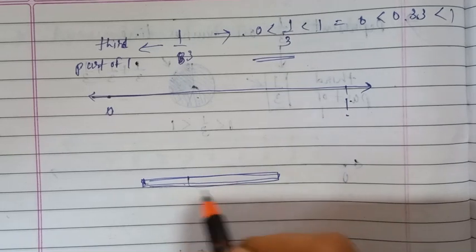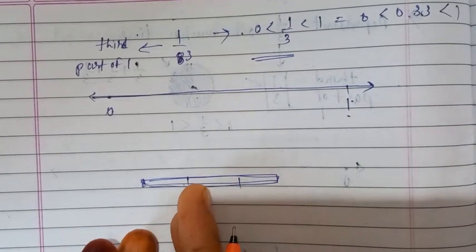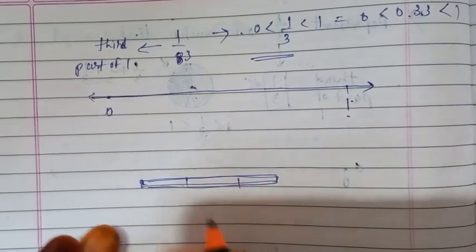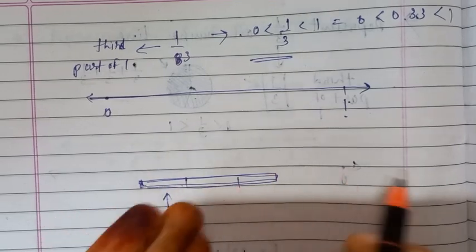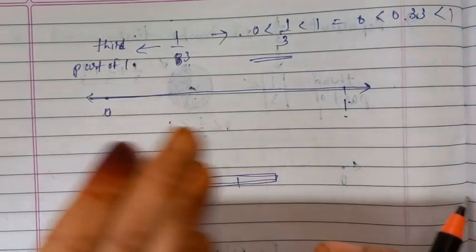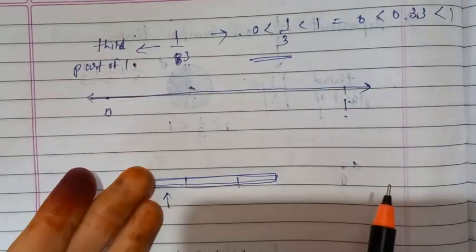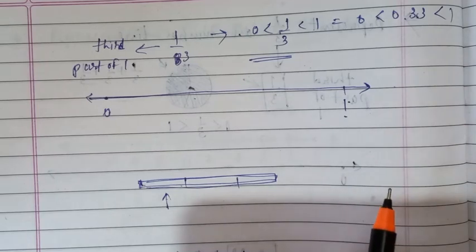Make 3 equal parts randomly, or you can see, approximately. Okay, this is 1/3 of this rod. But with numbers, how can we decide whether it is 1/3? Then see.